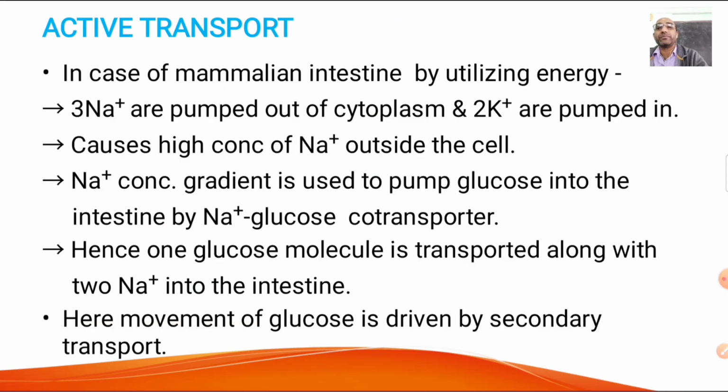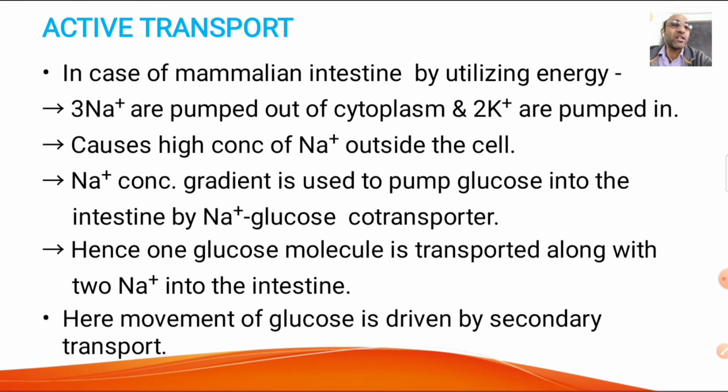Now, how does that happen? How does the secondary active transport happen? Let us consider the mammalian intestine. Here the transport of ions takes place by active method, but how do the primary and secondary active methods take place here? In case of mammalian intestine, there is presence of sodium potassium pump, Na plus K plus pump.